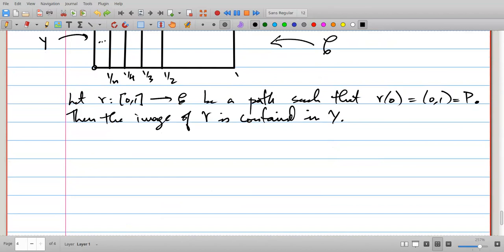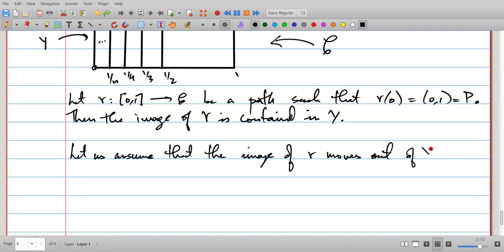So let us prove this. Let us assume, we'll prove this by contradiction, that the image of gamma moves out of Y. Now Y is closed, and that is trivial to check, and therefore it's left as an exercise.